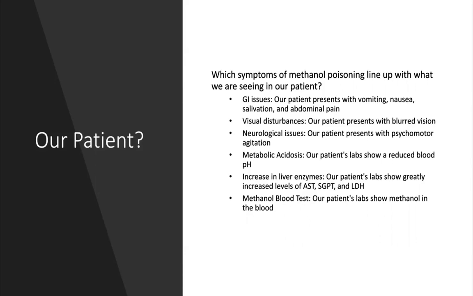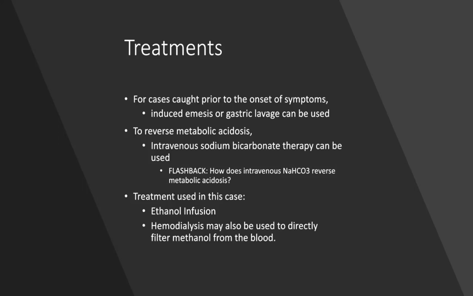Neurological issues, our patient presents with psychomotor agitation, and our patient's labs also show a reduced blood pH, leaning towards metabolic acidosis. As for liver enzymes, our patient's labs show greatly increased levels of AST, SGPT, and LDH. Our patient's methanol blood test also showed higher methanol levels in the blood, as we'd expect to see zero methanol in the blood.